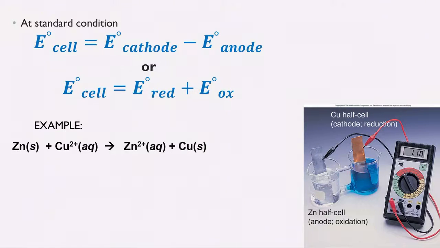Okay, for example, if you have this redox reaction right here, standard cell potential. Okay, potential mesti awak tahu yang dia punya unit mesti voltage, measured by your voltmeter.